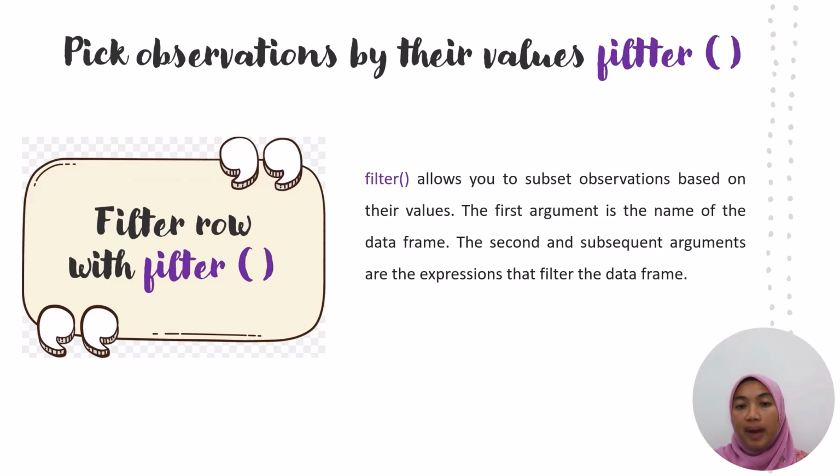Filter and the brackets allow you to subset observations based on their values. The first argument is the name of the data frame. The second and subsequent arguments are the expressions that filter the data frame.